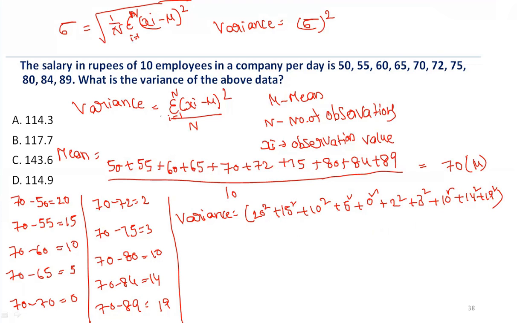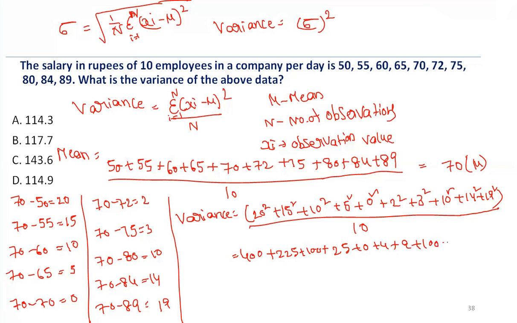According to the formula, there's no need to take the square root, because variance is the square of the standard deviation. Let's write each value: 20 square is 400, 15 square is 225, 10 square is 100, 5 square is 25, and 0, 2 square is 4, 3 square is 9, 10 square is 100, 14 square is 196, 19 square is 361.